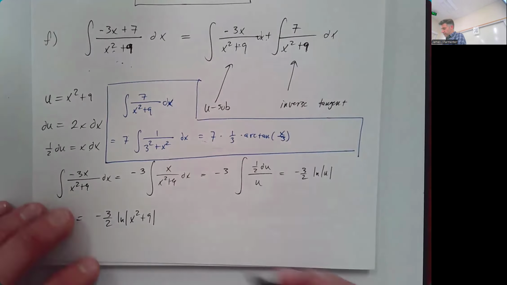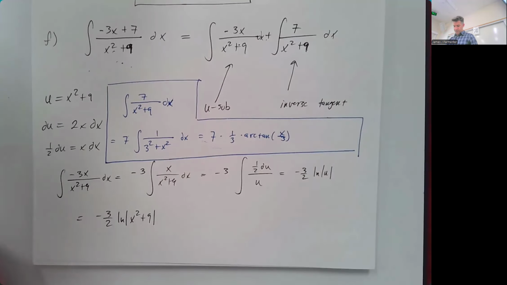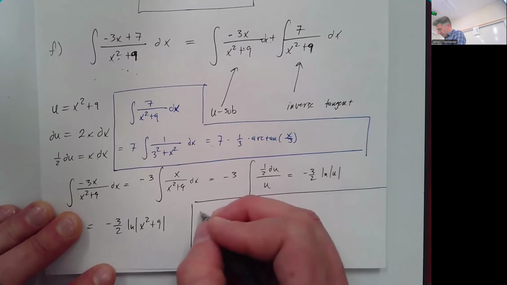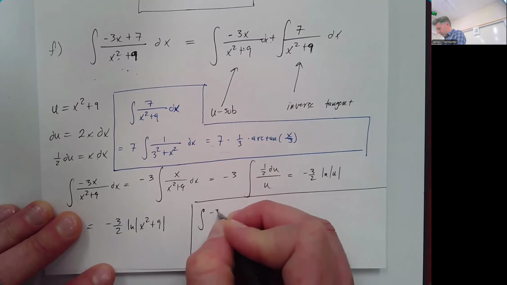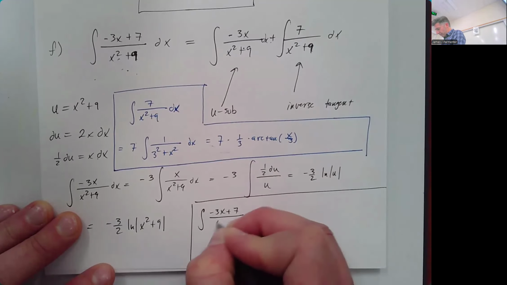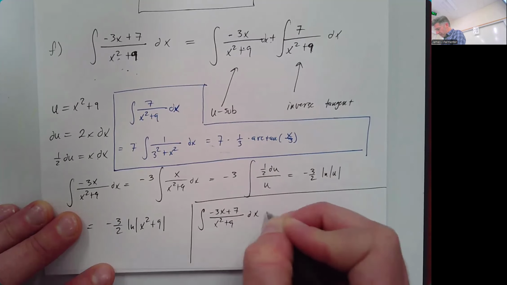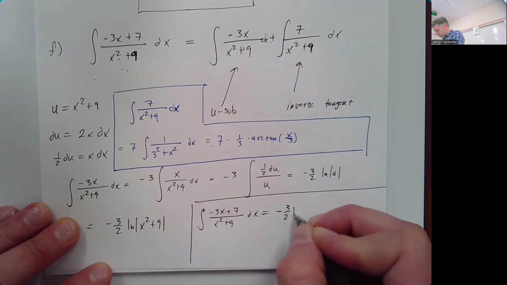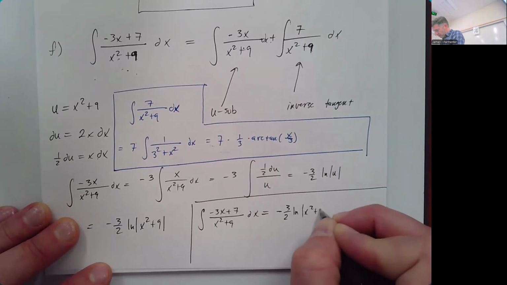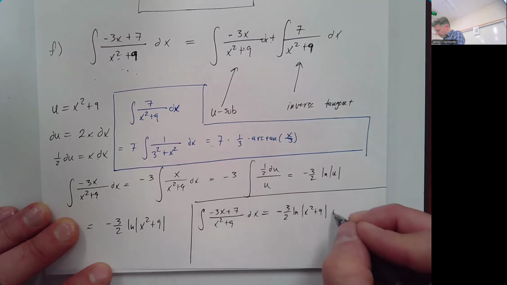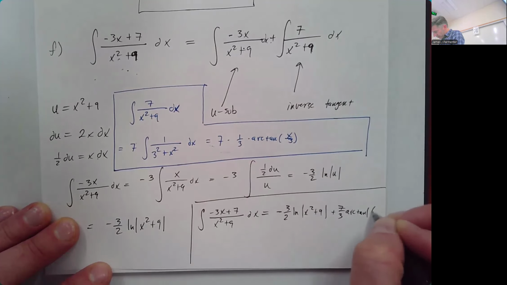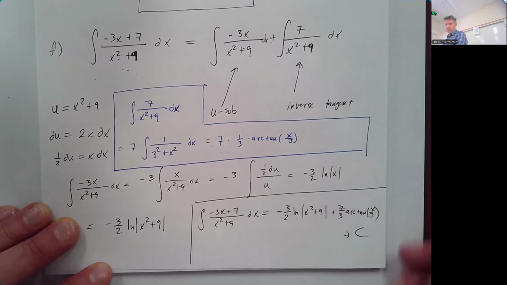And so our final answer, which I know I've done kind of piecemeal here, is that the integral of negative 3x plus 7 over x squared plus 9 is equal to negative 3/2 natural log of the absolute value of x squared plus 9 plus 7/3 arctangent of x over 3 plus c.